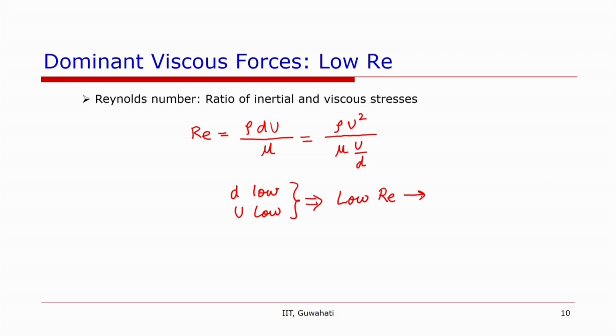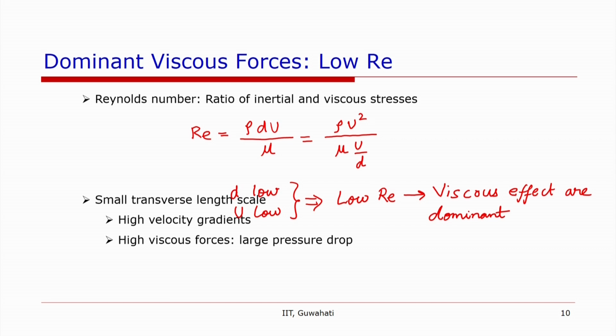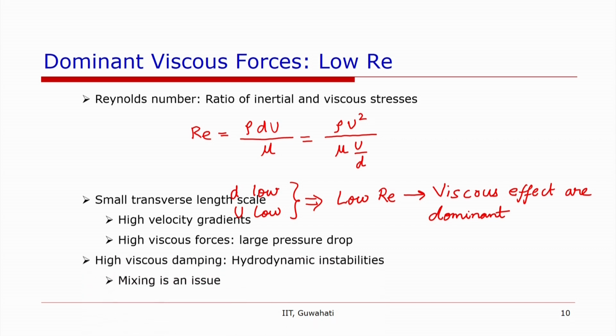That in turn means that viscous effects are dominant, and the other thing is that the transverse length scales are small. When the viscous effects are dominant, that means the flow is laminar.